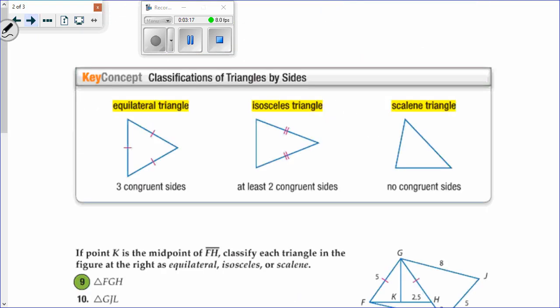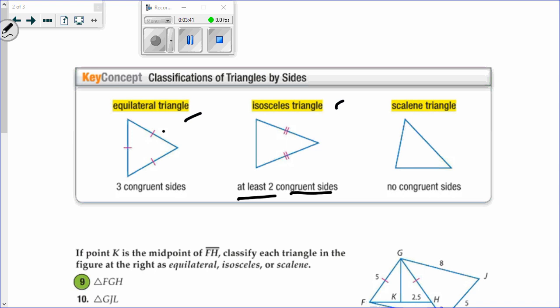We can also classify triangles by its sides. We have 3 different classifications here. We have equilateral triangle, where all 3 sides are congruent, and you can see that here. We have isosceles triangles, where at least 2 sides are congruent. Scalene triangle, no congruent sides at all.